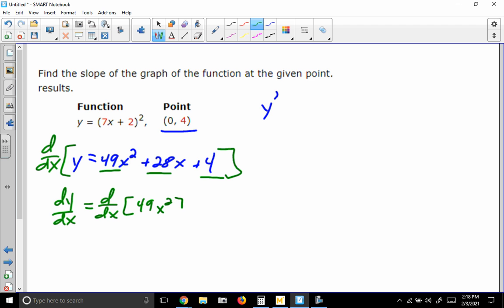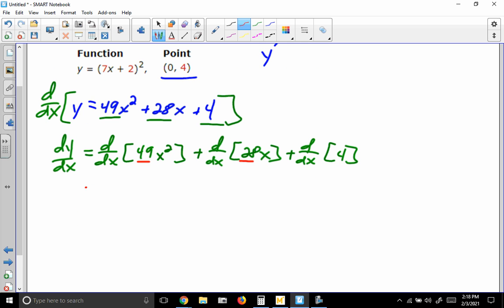So the derivative of 49x squared plus the derivative of 28x plus the derivative of 4. Now, every term that has a coefficient, we can pull that coefficient out front, and then we can take the derivative of the function part, or the variable part.